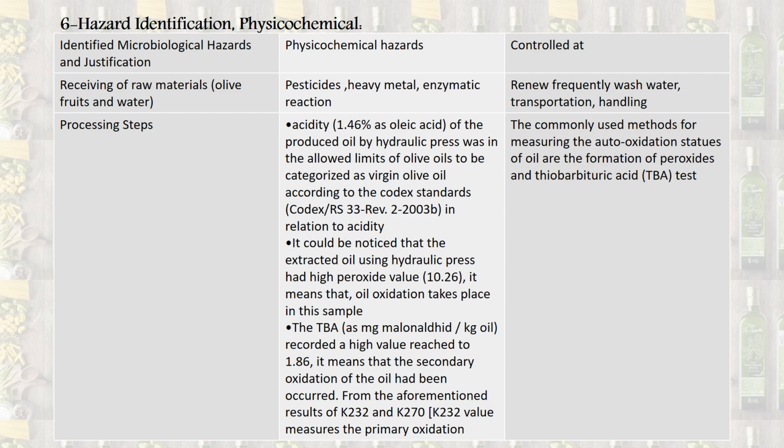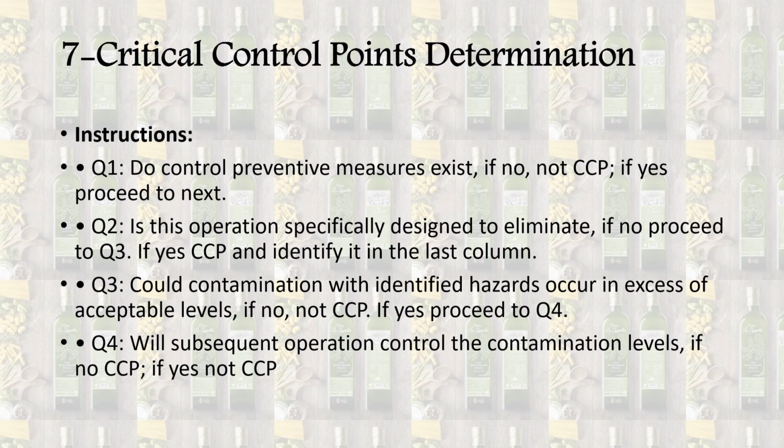Second principle, the critical control point, as we determined previously. It is the point at which a control measure can be applied to prevent or eliminate, or even reduce the food safety hazard.